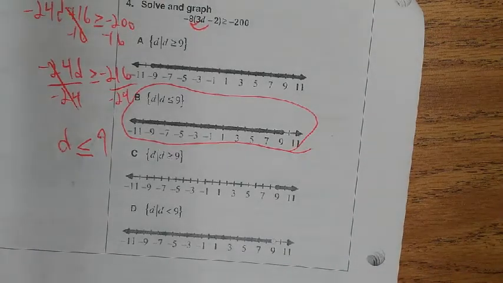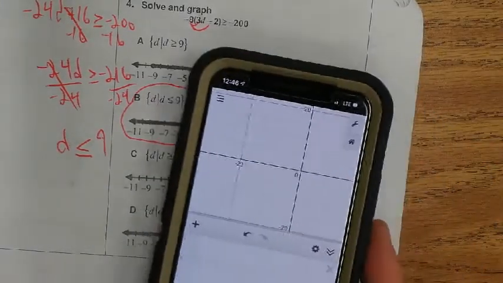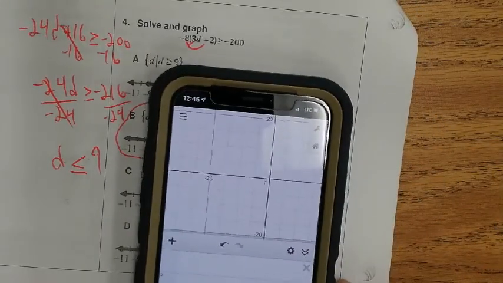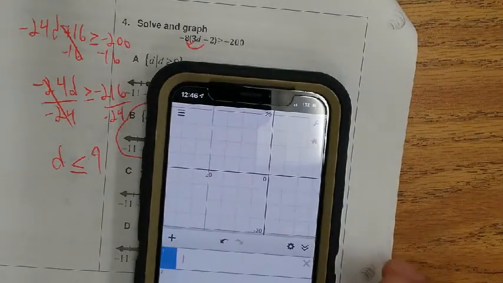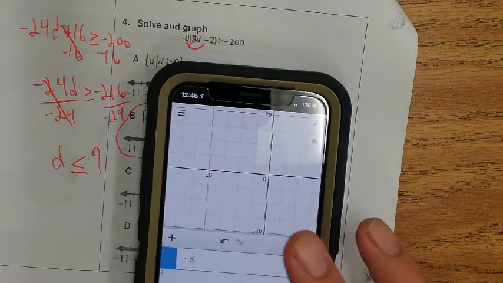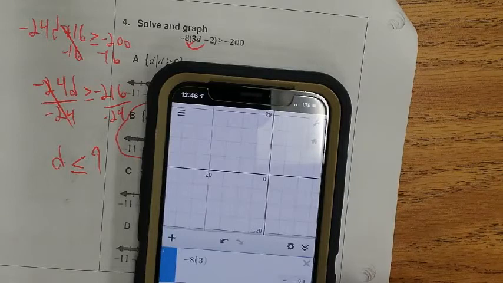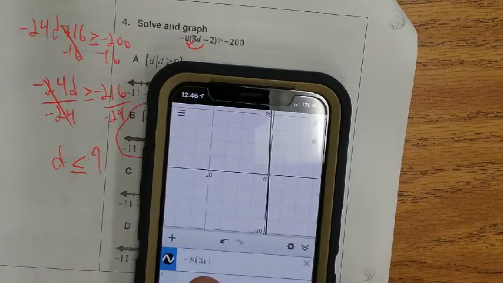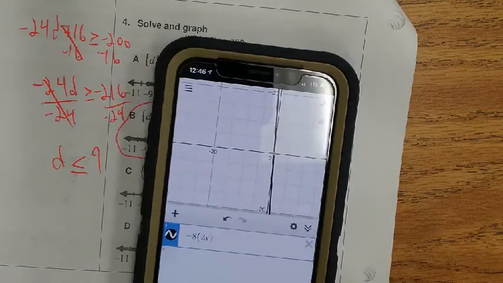Now, who remembers if we were going to do this in Desmos, what would we have to do different if we type this into Desmos? Can we type in that d? What variable would I have to change the d to? x. So instead of 3d, I'm going to put in 3x minus 2.